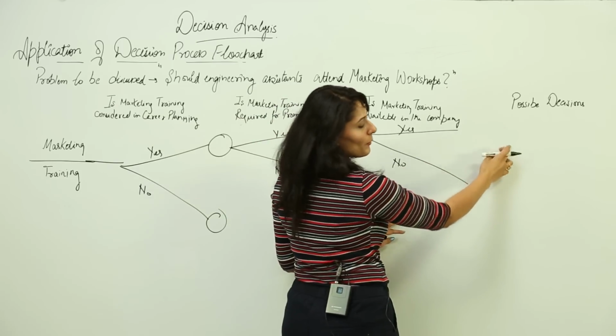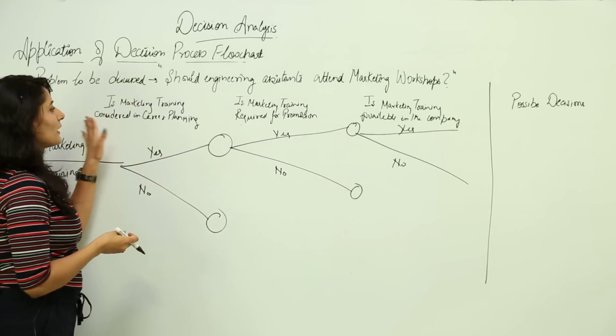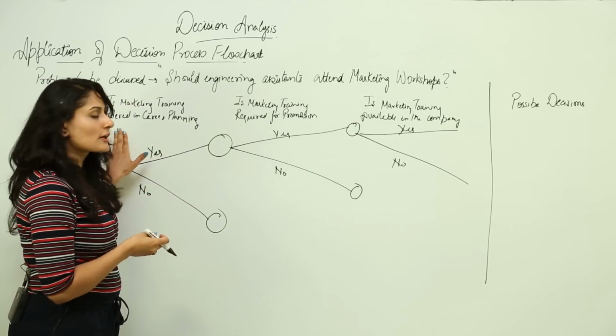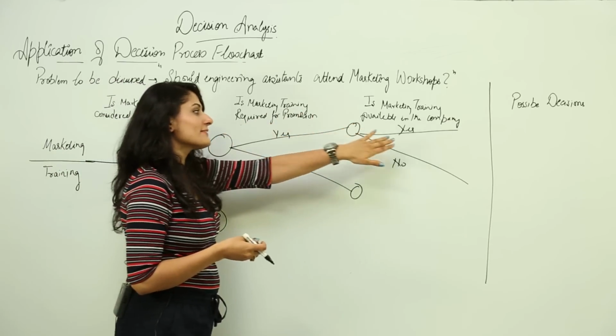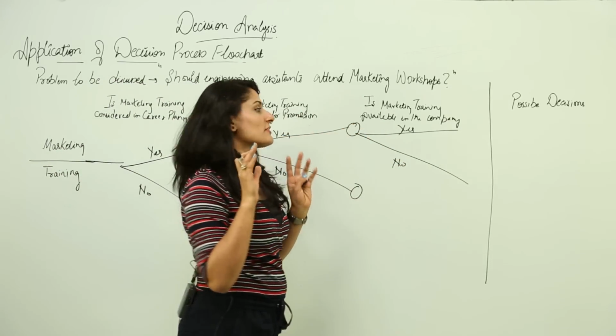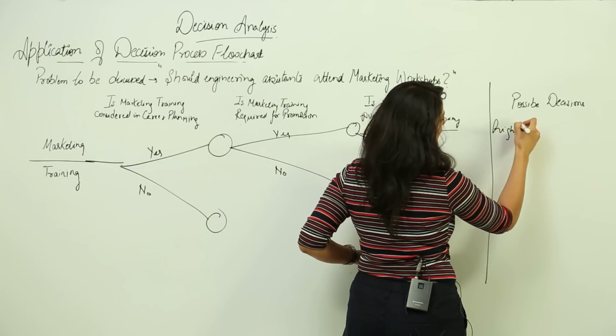Now this will lead to our possible decisions, right. If marketing training is considered in career planning, it is required for promotion, and it is available in the company, this means it is high priority. You should enroll in this training right away.